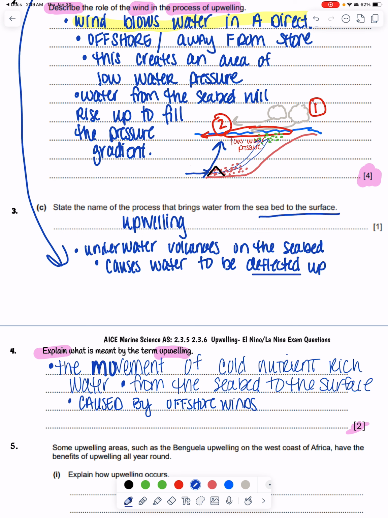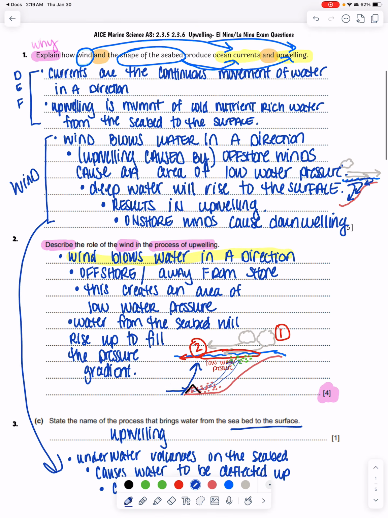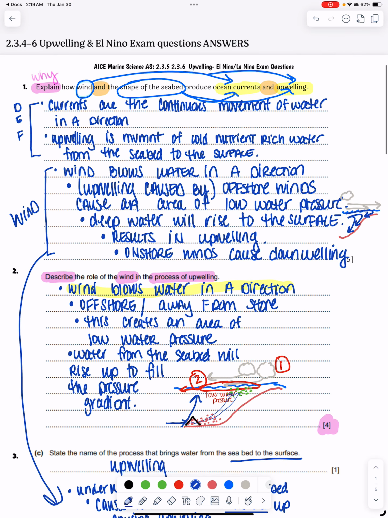Make sure we have deflected. Again, this is causing upwelling. And all of these are supporting the other portion of this question, which told you to talk about currents. We did take care of that when we stated what a current was. It is a continuous movement of water in a direction.